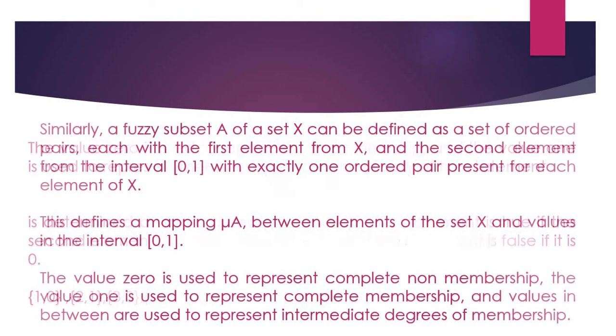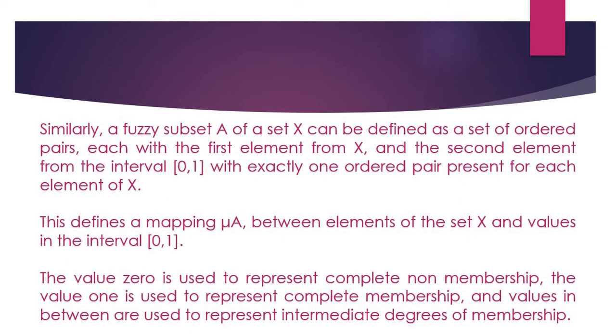The truth or falsity of the statement 'x is in A' is determined by the ordered pair (x, A(x)). The statement is true if the second element of the ordered pair is 1 and false if it is 0. Such as (1, 0), (2, 1), (3, 0), (4, 1), and so on.